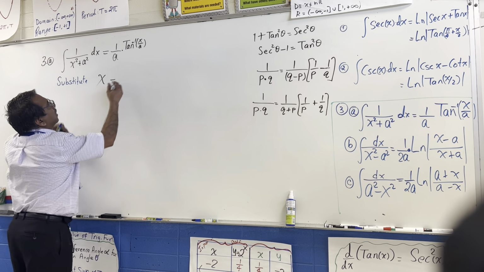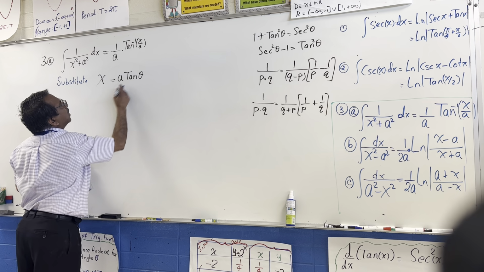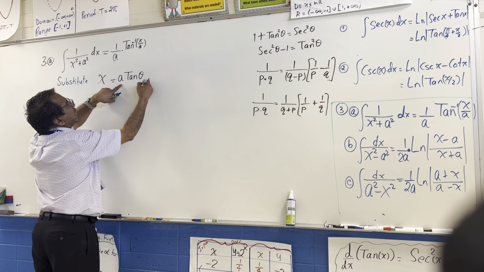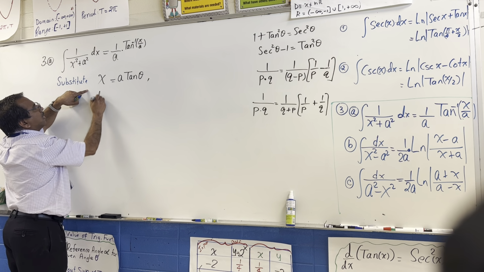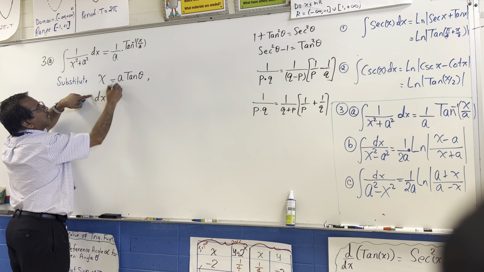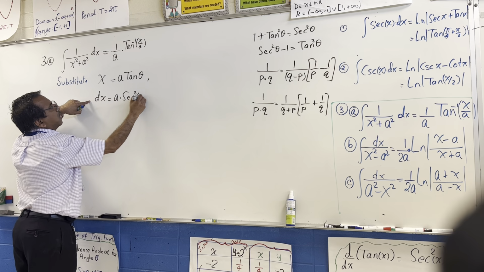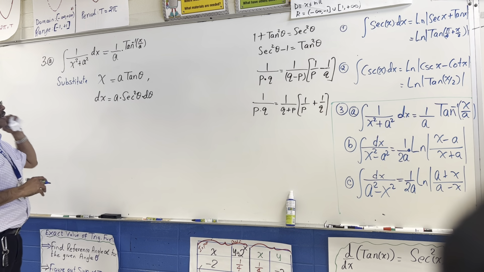Let's check it out. Substitute x equals a tan theta. Then remember you take the derivative of this. So dx equals, and the derivative of tan is secant squared theta times d theta. So we have to replace that dx by a secant squared theta d theta.